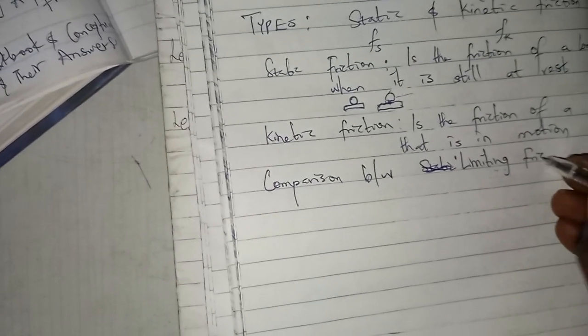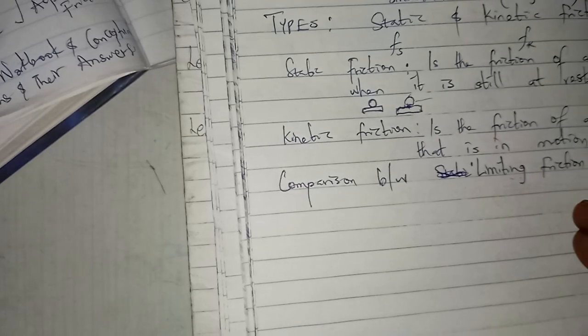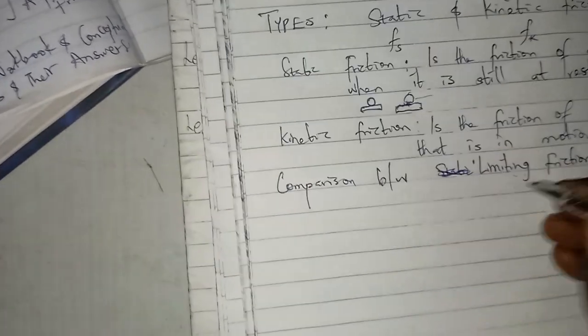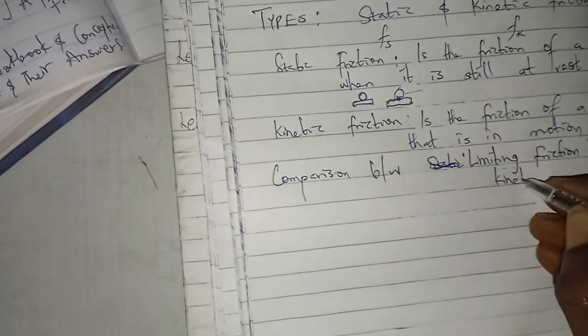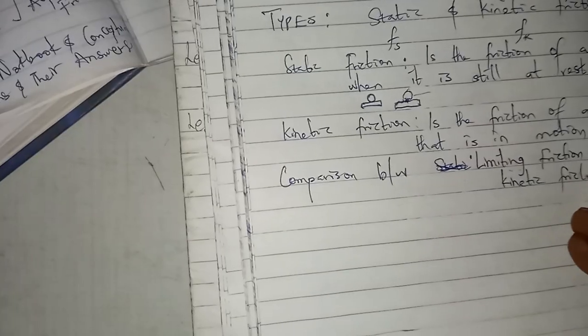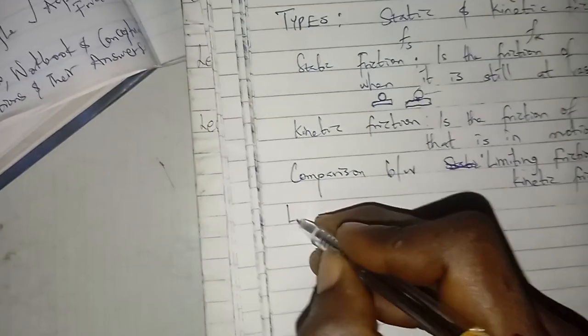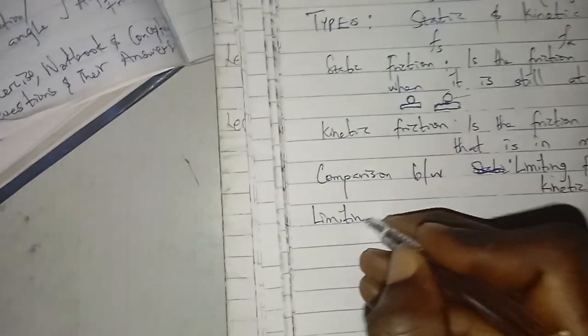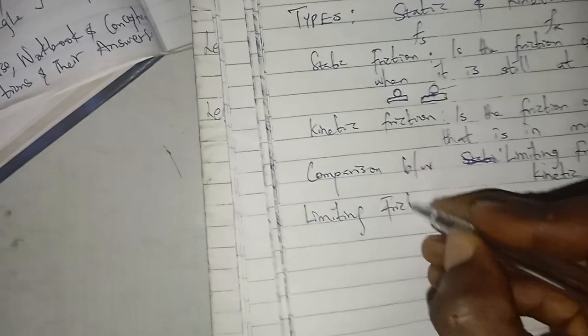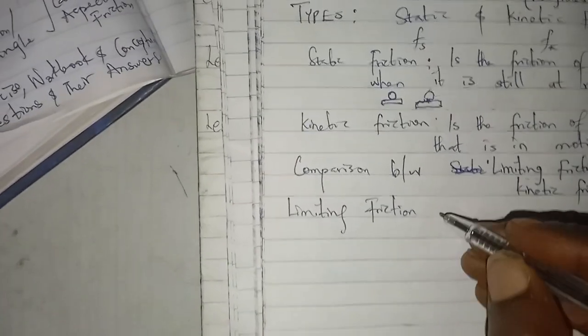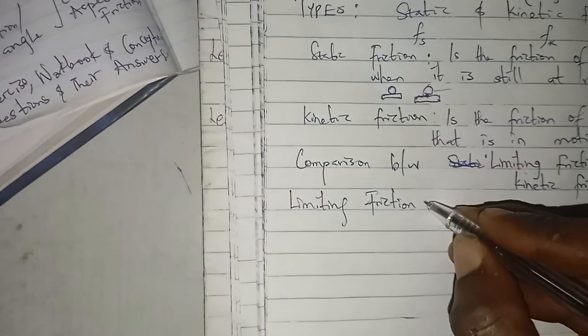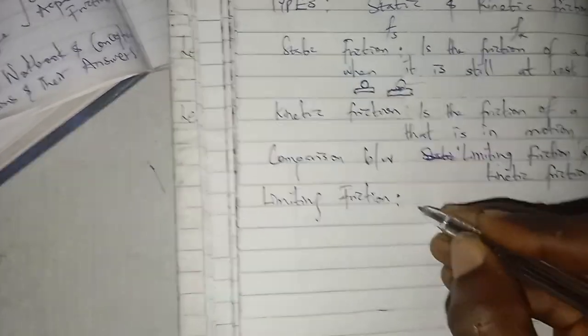I want to use limiting friction because this is the one you come across. Notice I've not given any equation or formula. For you that want us to dive into calculation, you will see the video, the next one. This one is for you to understand what I'm doing.